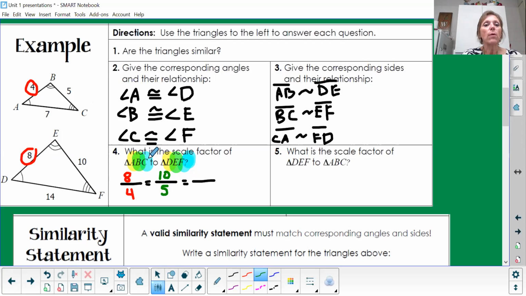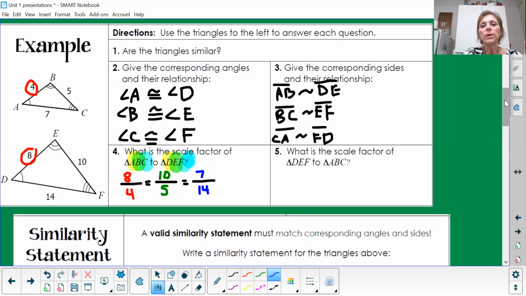Now we're going to wrap around from the blue to the yellow. F to D. I'm looking for it. F to D is 14. And from A to C, there it is, 7.